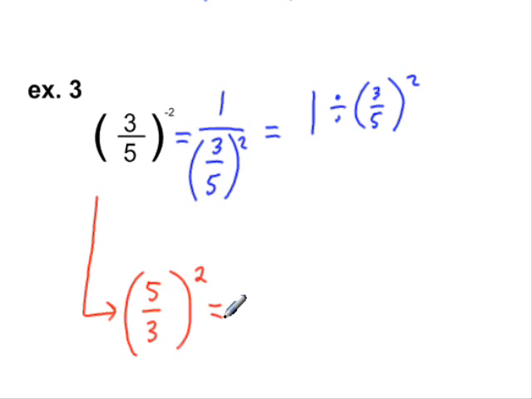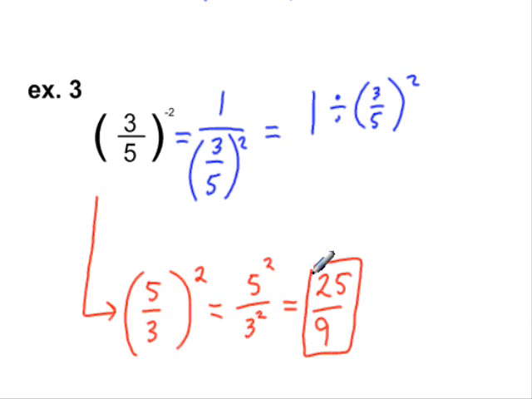And from there we follow the same thing that we did for example 2. So this is going to be 5 squared over 3 squared. 5 squared is 25. 3 squared is 9. And since that will not reduce, we'll leave it 25 over 9.